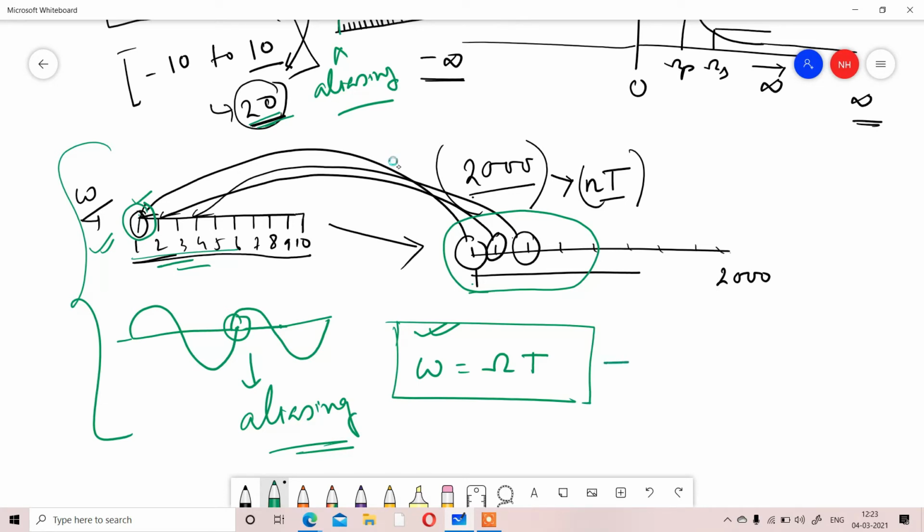So keep in mind that is the main disadvantage of the impulse invariant method. The disadvantage is that aliasing will happen.